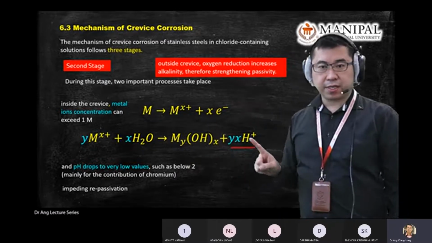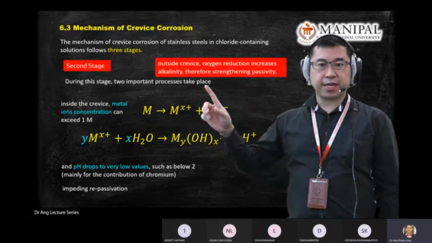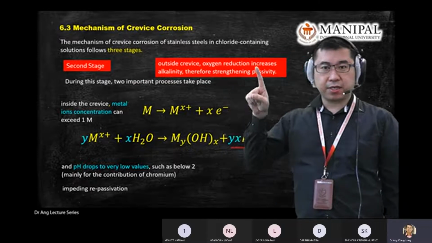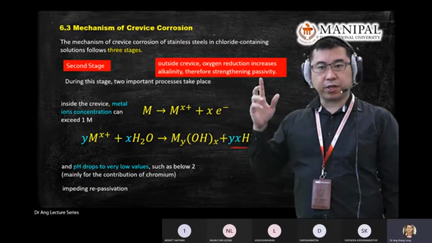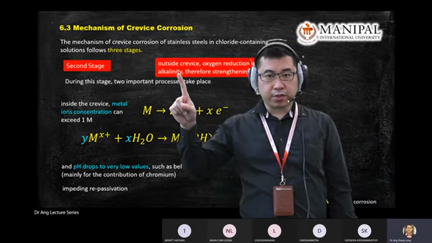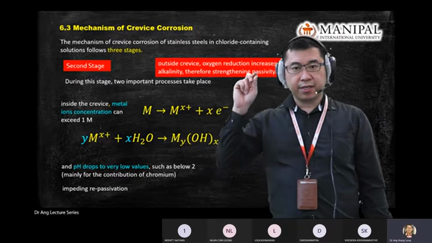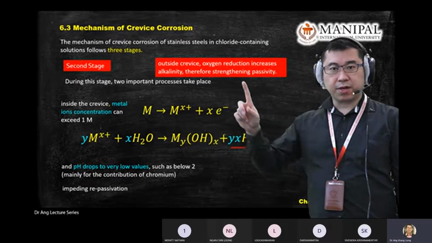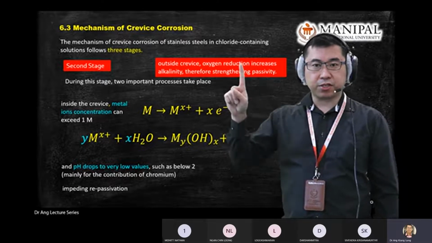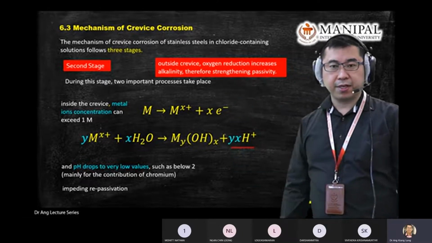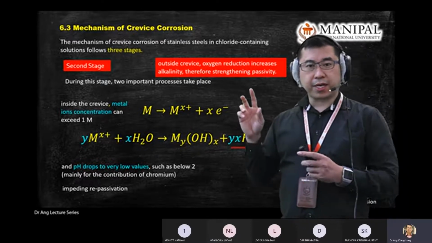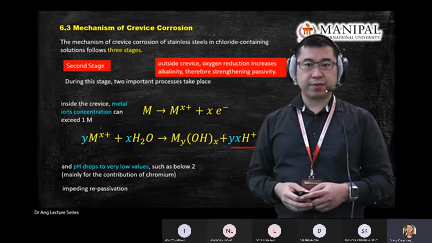You will see there's a generation of H positive, but outside the crevice, in stage 1, you have oxygen reduction, or incubation happening outside. So in stage 1 you have alkali behavior, right? So alkali behavior will make the stainless steel become passive, right? So when it comes to stage 2, inside the hole, you become active.